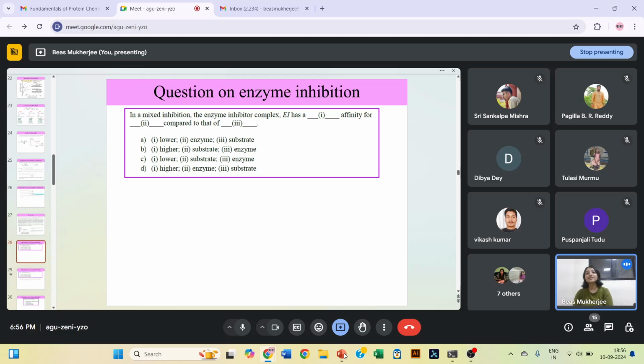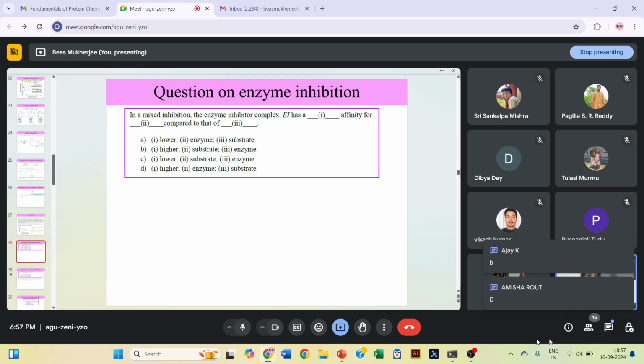So EI is the enzyme inhibitor complex. So enzyme inhibitor complex has higher or lower affinity to the dash compared to dash.